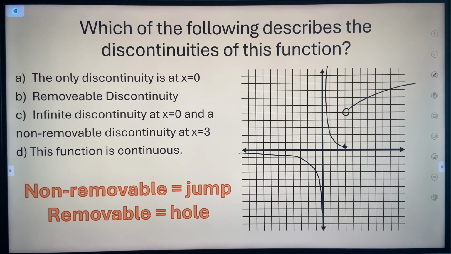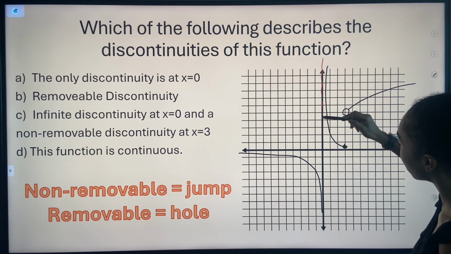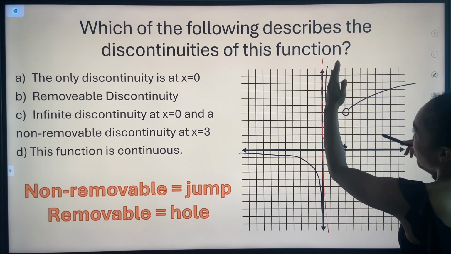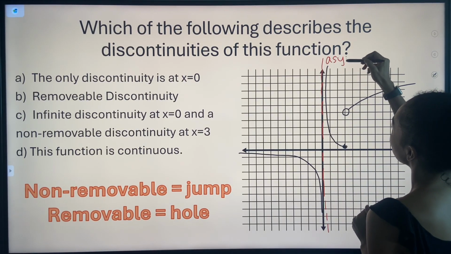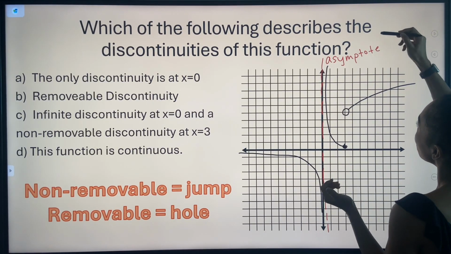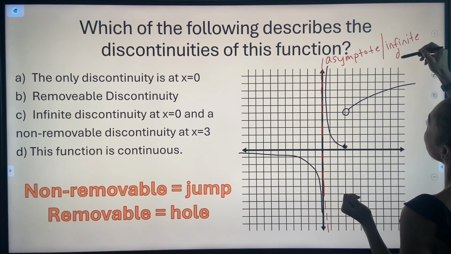Which of the following describes the discontinuities of this function? Whenever you have an asymptote, like right here, this line gets very close to it and this line gets very close to it. That is called an asymptote. Asymptotes are also called infinite discontinuities.